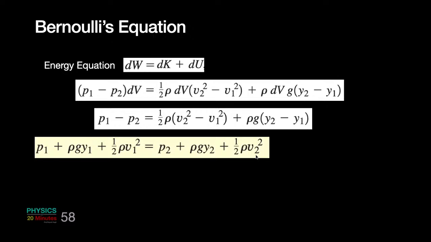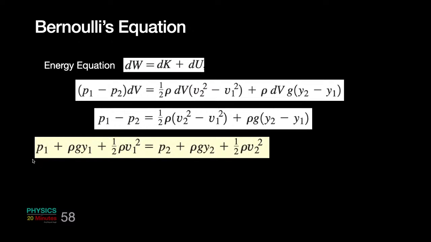But do remember, after the cancellation of dV, these terms are not strictly the kinetic energy or potential energy terms. They become what is called an energy density term. Once you cancel out dV, this is nothing but the potential energy per unit volume, because you have divided by dV. This becomes kinetic energy per unit volume.